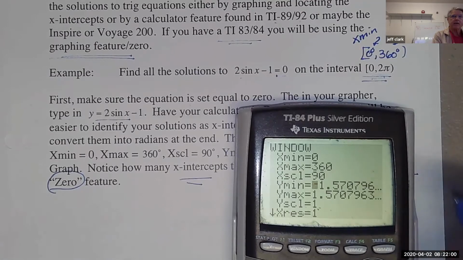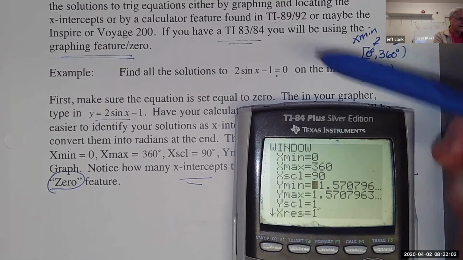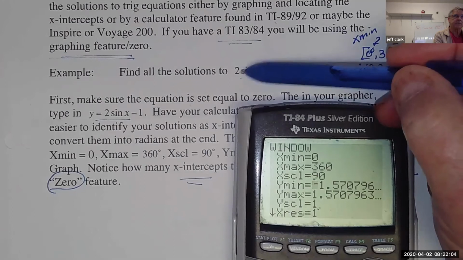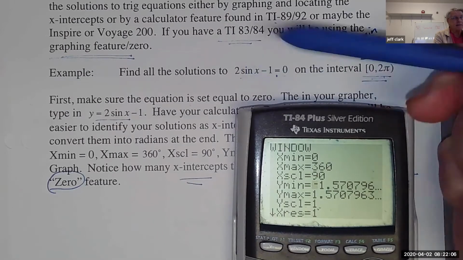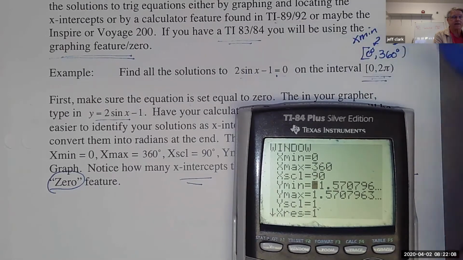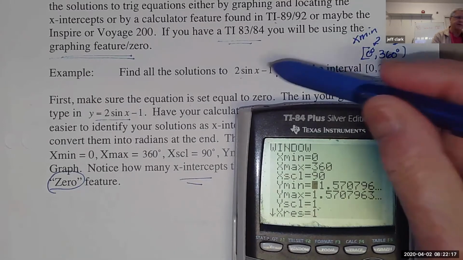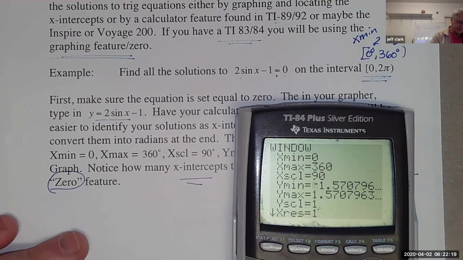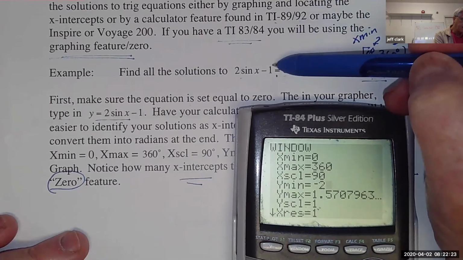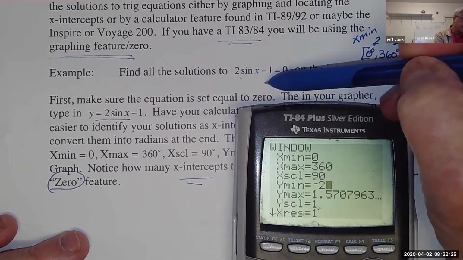So now the y minimum. You can look in here and say, here's your amplitude, 2. That's an idea. Ultimately, all we need is the x-intercept, so you don't need to see how high and low you go, but I'll do the amplitude. It's good review. So we go -2. Although, if you think about this, I'm going to change my mind.